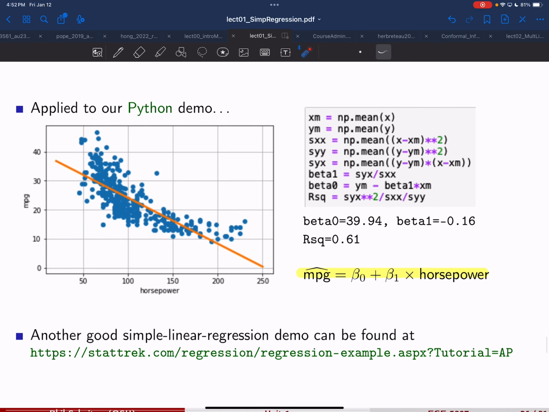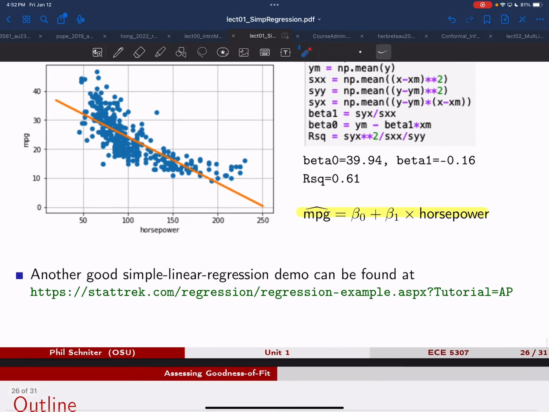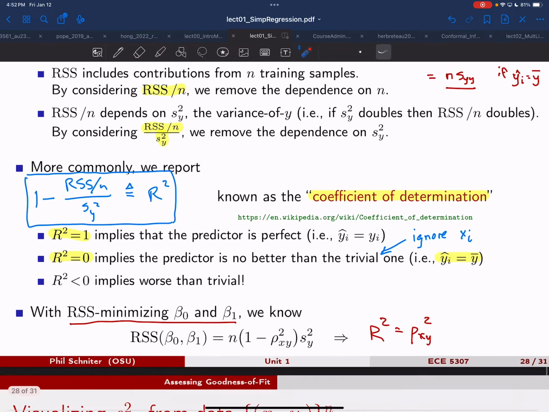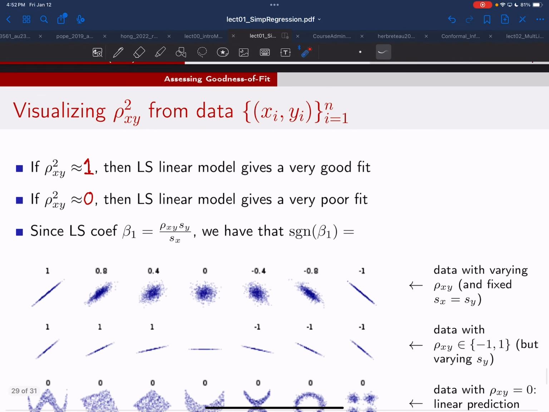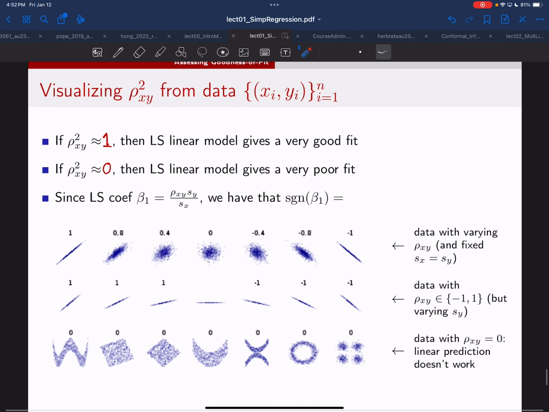So this sort of makes sense. We probably all know that the bigger the engine in the car, the less efficient it is, so the worse the miles per gallon gets. And that would be an indication of a negative correlation and a negative beta 1. And in fact, that's what we have. So that negative sign is because of this negative correlation rho xy. Okay, so that's really all I wanted to say about rho xy and r squared.